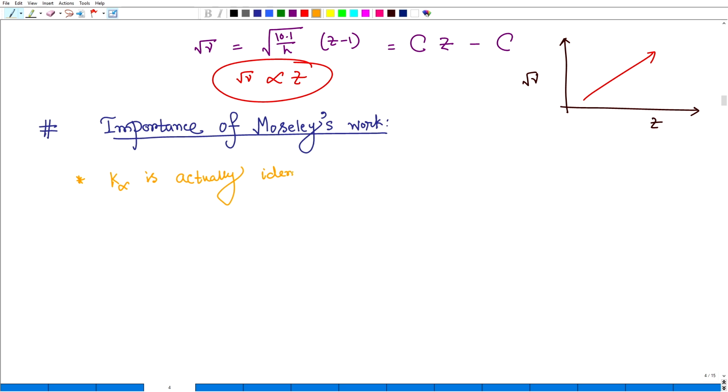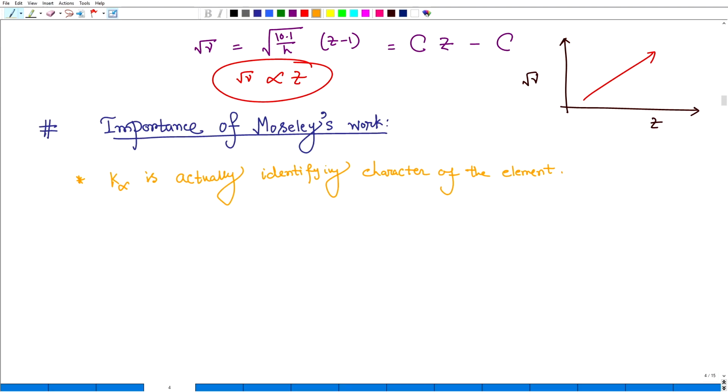identifying character of the element, right? That's why, because if you change the element, the K alpha peaks change, as I discussed earlier, that K alpha is totally element character.